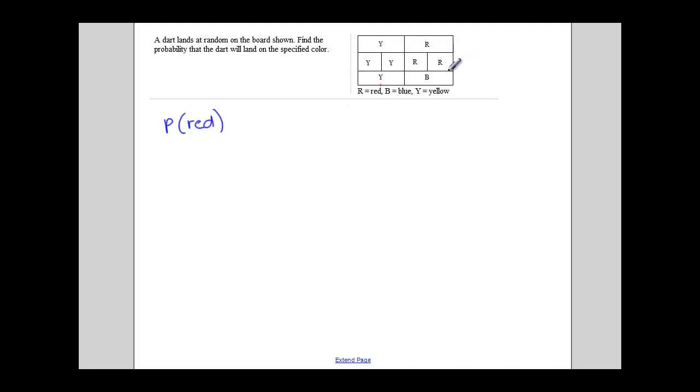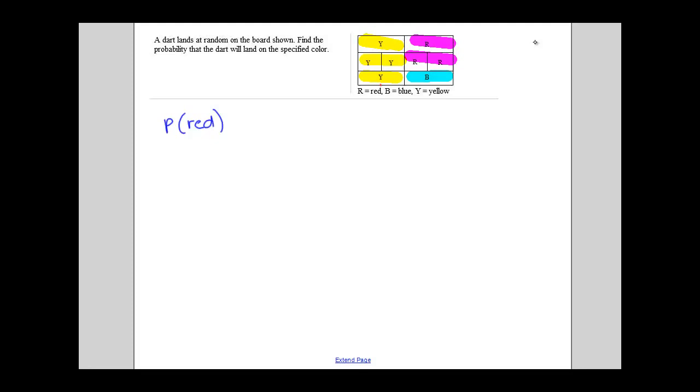If I want to know the probability that the dart would land on a specified color, I have this part that's yellow, this part that's red, red, yellow, yellow, and blue.